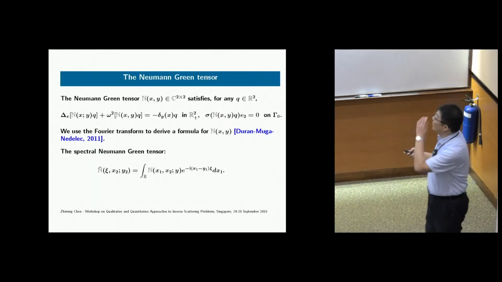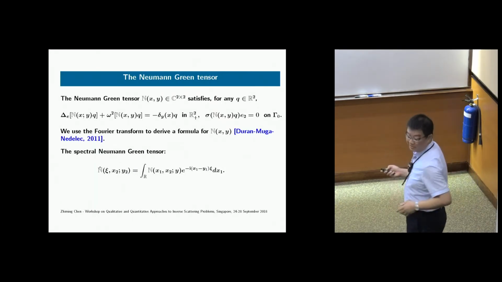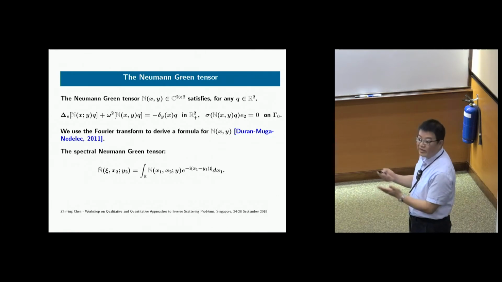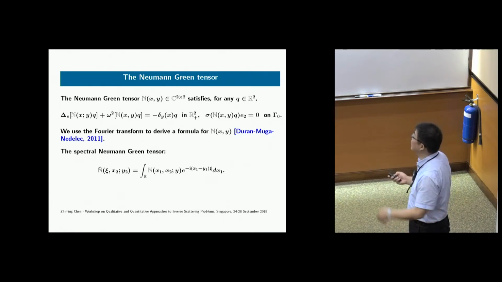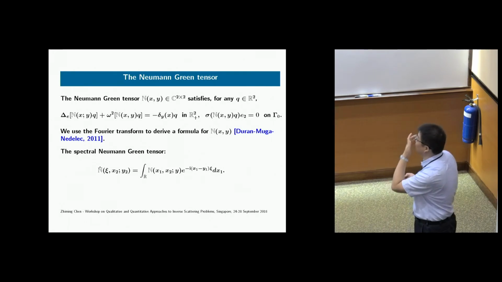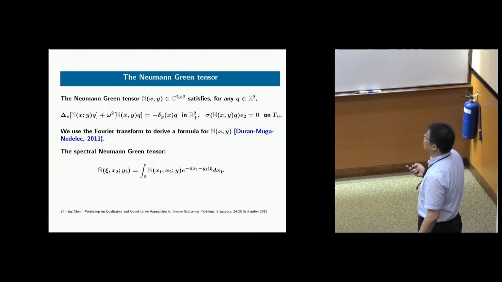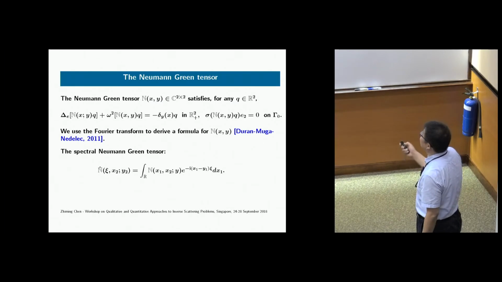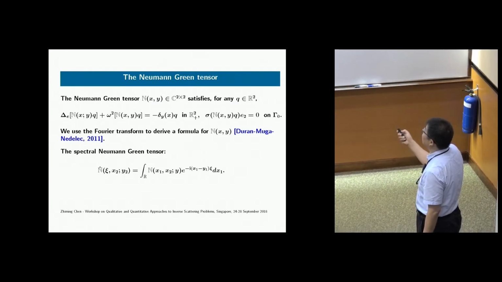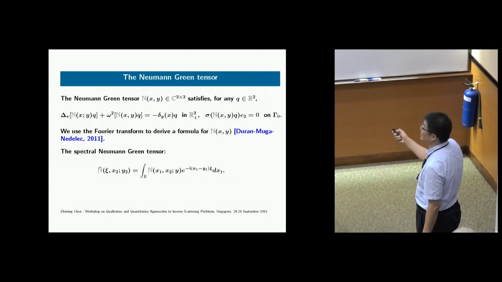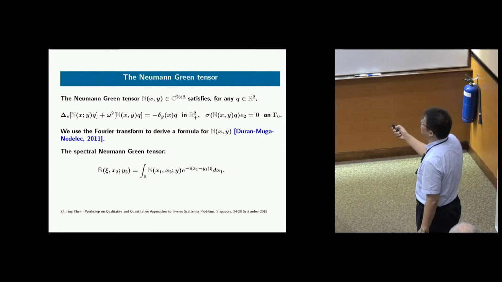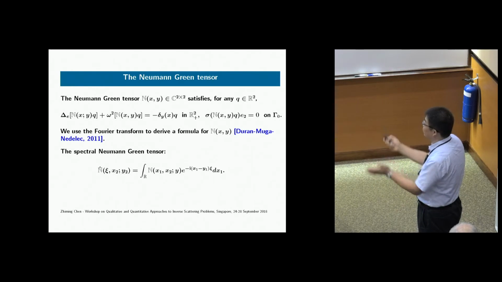So now let me go to the Green's function, the Green tensor. These are the main difficulties we are going to meet. By definition, the Green tensor is that you have a delta source, a delta function, and the polarization is Q. Now it's a vector wave.